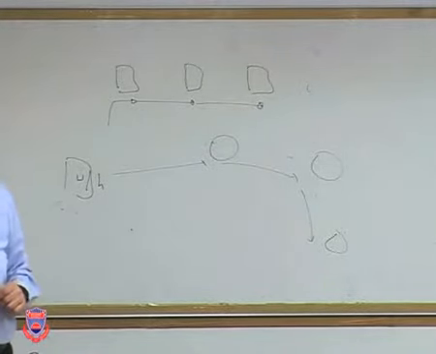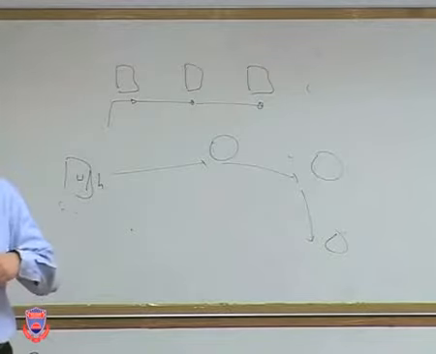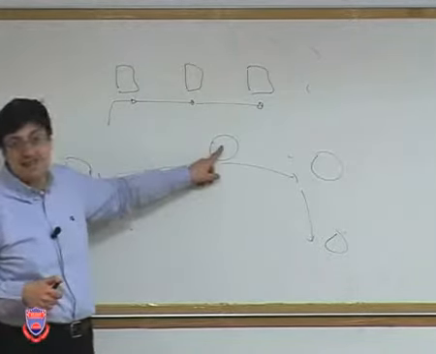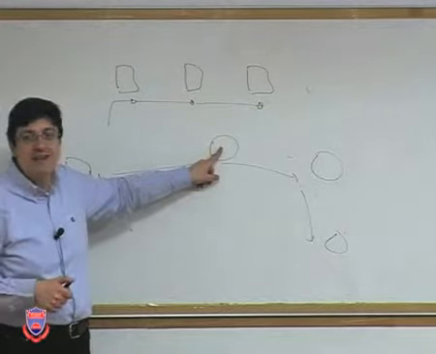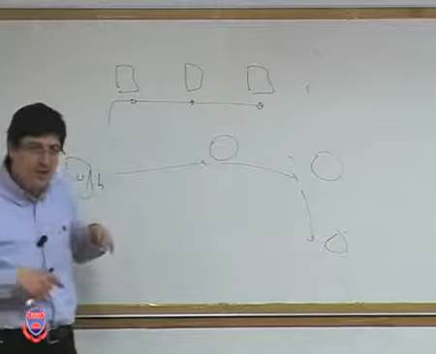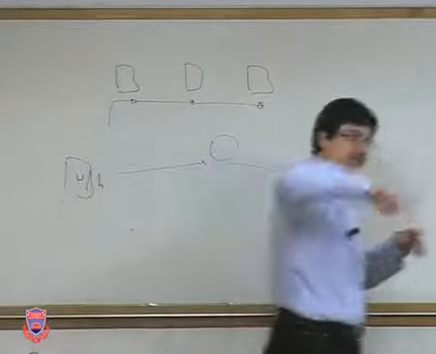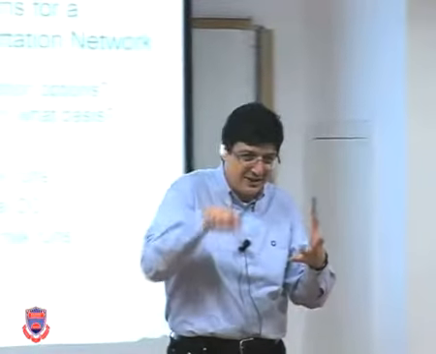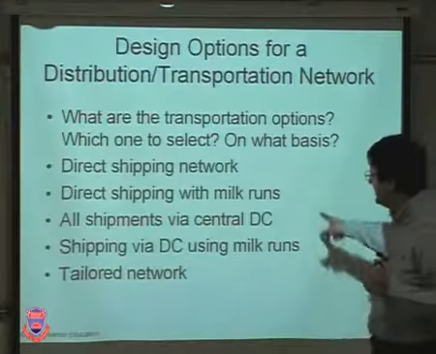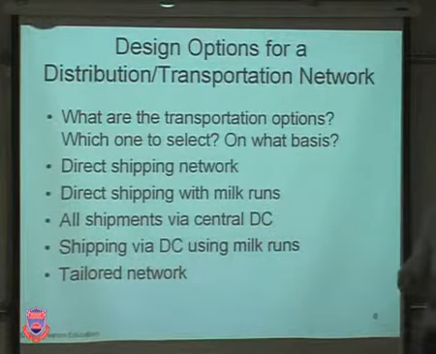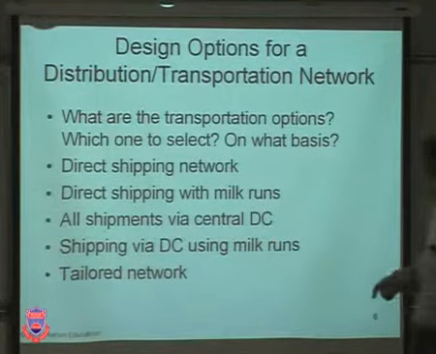It's called milk runs, meaning that the items that you carry in the truck are not only for a single retailer, but for more retailers. It's very simple. So you actually solve some vehicle routing type problems to find the idealized milk runs. So this is the idea of milk run. So you might have direct shipping, but with milk runs. Okay, so that's one thing.